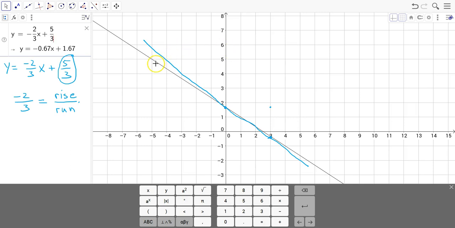Yeah, pretty close. Alright, so the black line right here, that's our graph of our function y equals negative 2/3 x plus 5/3. And there you go. So that concludes this lesson on graphing linear equations.